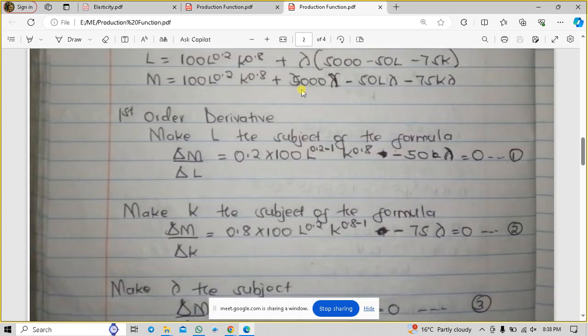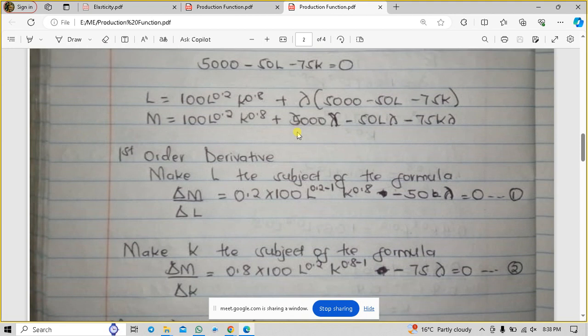We are going to start from equation number 1. So you solve it. 0.2 times 100 is what? 20, yes.